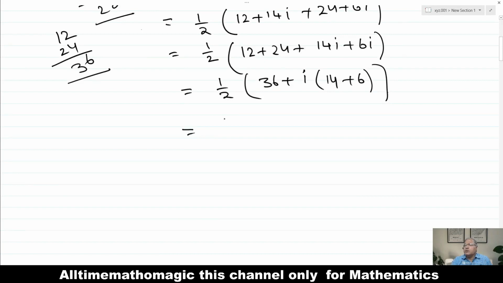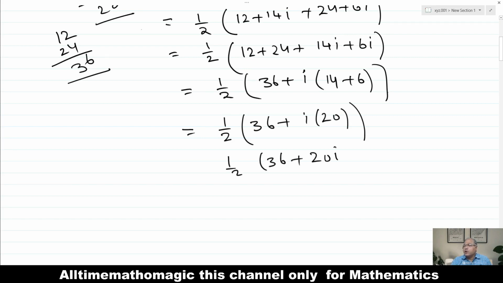That equals 1 by 2, 36 plus 20i. If possible, take a suitable common factor so that these two will get cancelled.